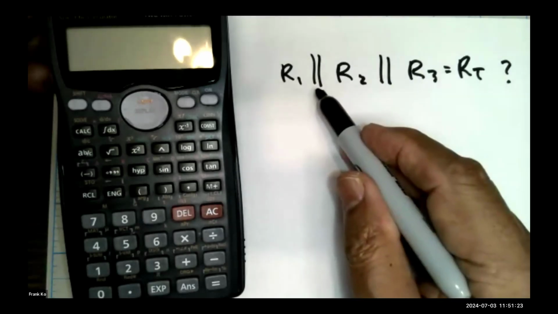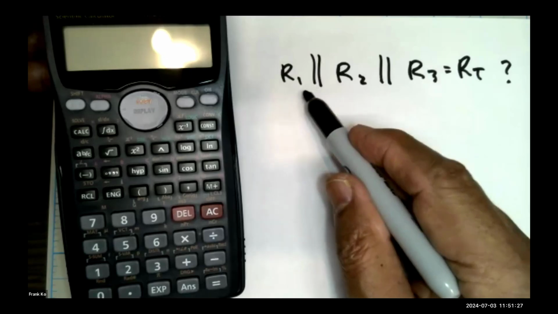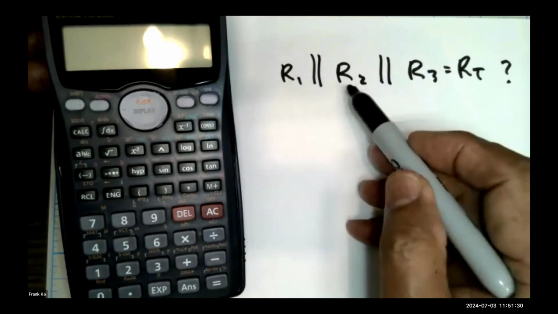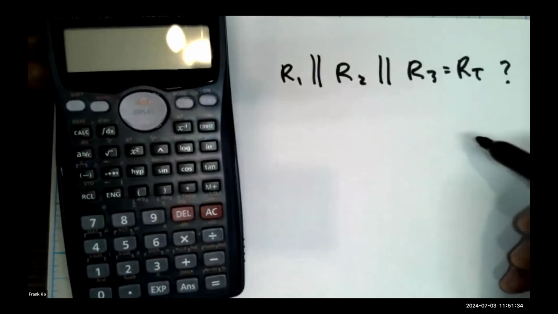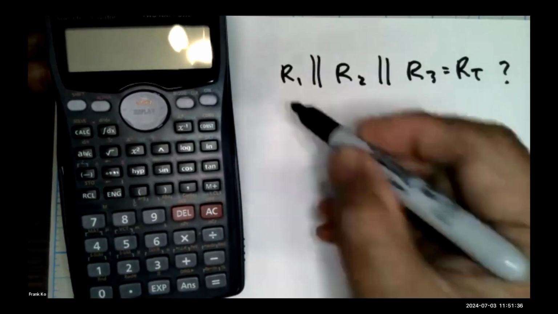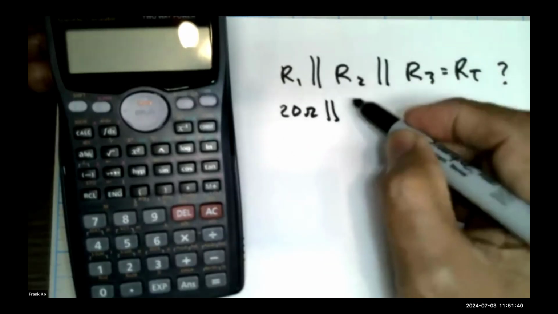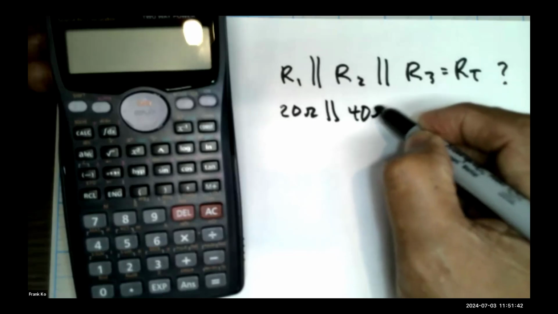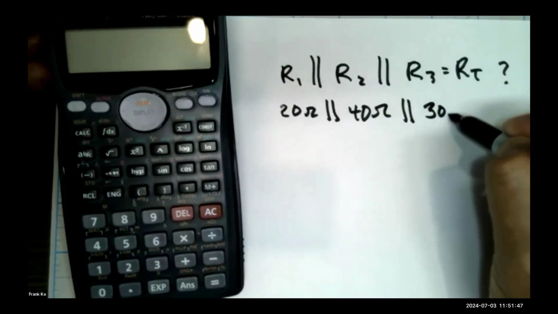I wanted to show you the double vertical lines that represent a parallel function. So you would read this as R1 parallel with R2 parallel with R3 equals what total? And the three resistances that we were given in the previous slide were 20 ohms in parallel with 40 ohms in parallel with 30 ohms.